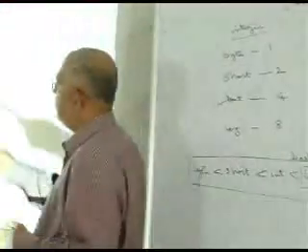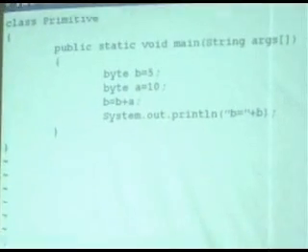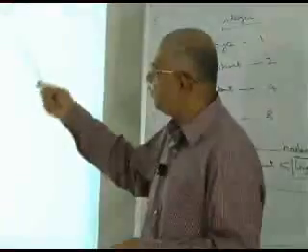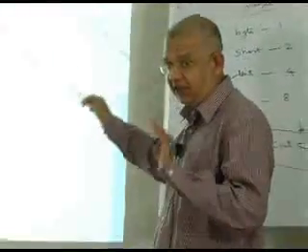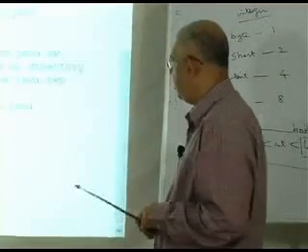Let's see whether this happens also. Now you can see that we are adding 2 bytes and the result is also a byte. But even there, when we compile, you will see we'll get an error because the result of 2 byte addition will be similar. So let's get that error again.